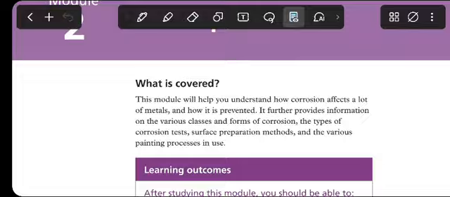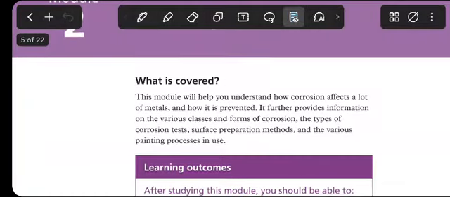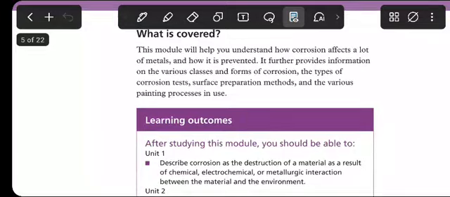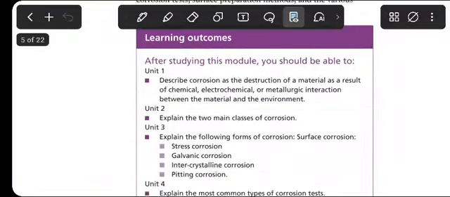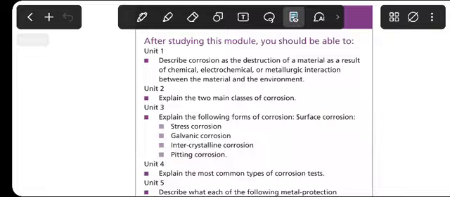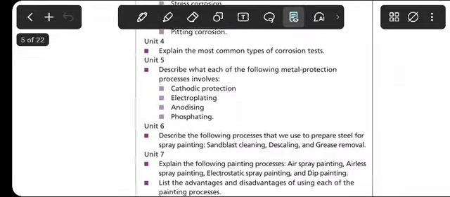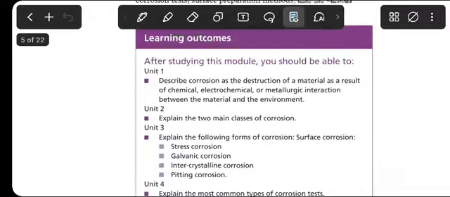It also provides information on the various classes of corrosion, the types of corrosion tests, the metal protection processes, and painting. That is what will be covered here. This is what you're supposed to understand.